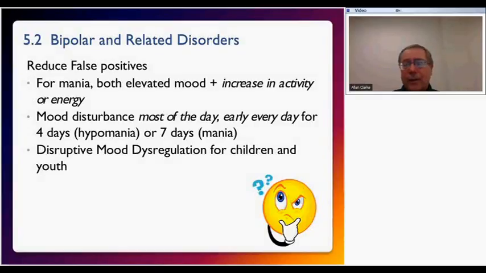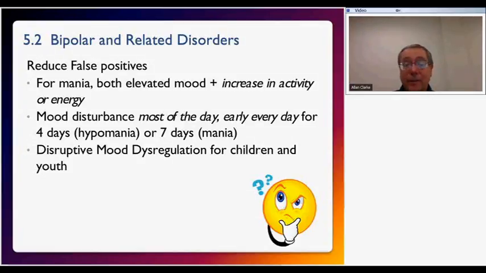So they tackled this in a couple of different ways. One is they made the criteria for mania want more than just elevated mood. They also wanted increased activity or energy.